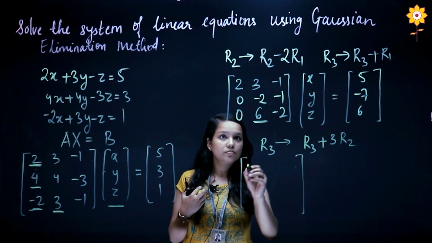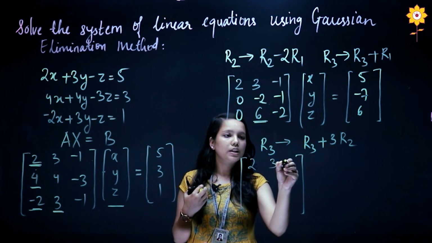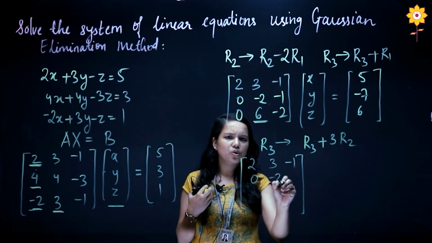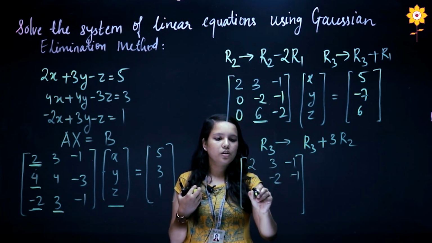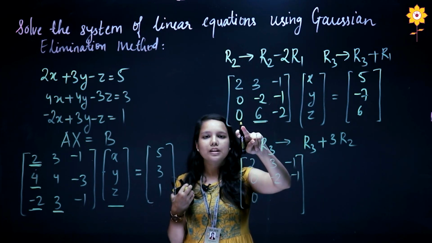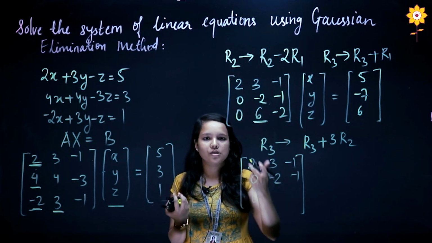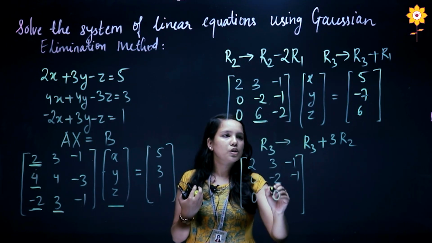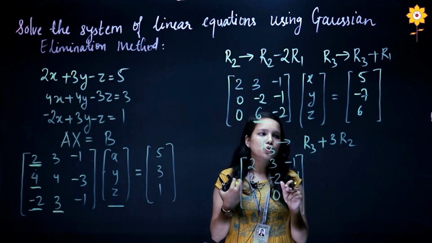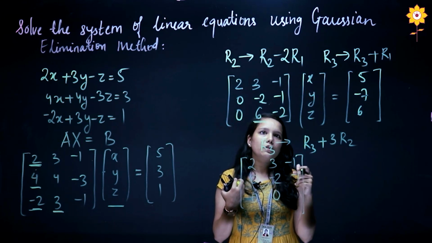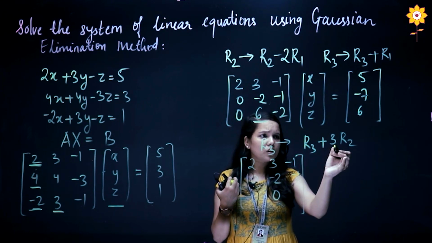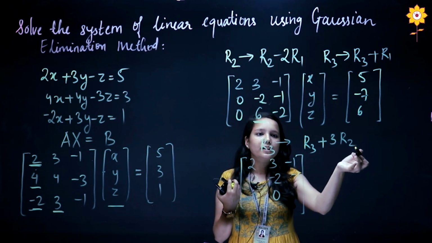So we'll get 2, 3, minus 1. These 2 rows will be unchanged, only we need to change the third. There will be no change in the first entry because the above entry is 0. Then this will also become 0 and this will be minus 3 only, because 3 into minus 1 is minus 3.